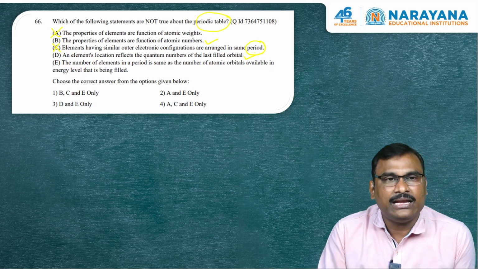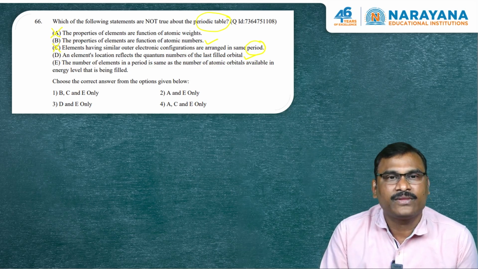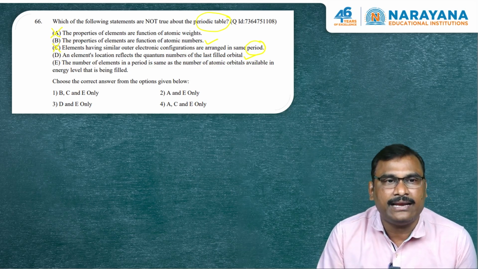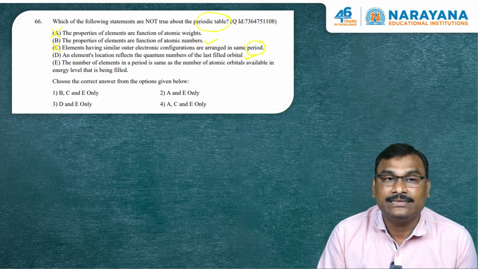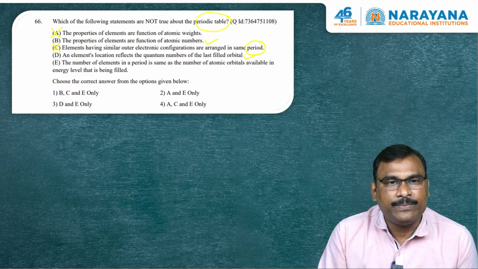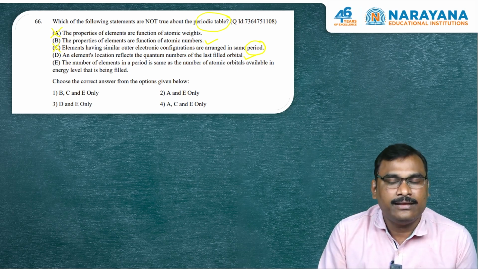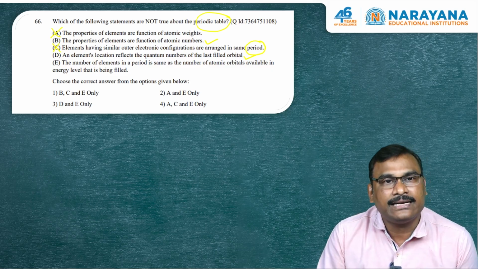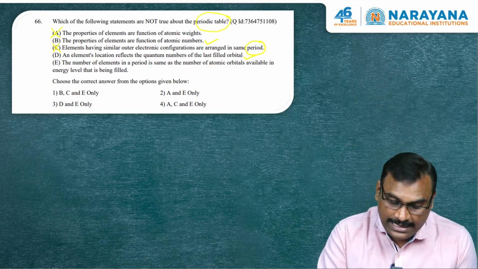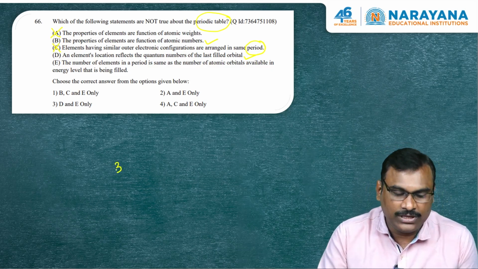The number of elements in a period is the same as the number of atomic orbitals available in the energy level that is being filled. Yes, this is a wrong statement. The number of elements in a period is not the same as the number of atomic orbitals available in the energy levels that are being filled. Let us see the third period.